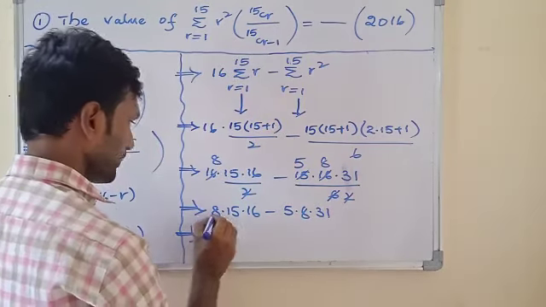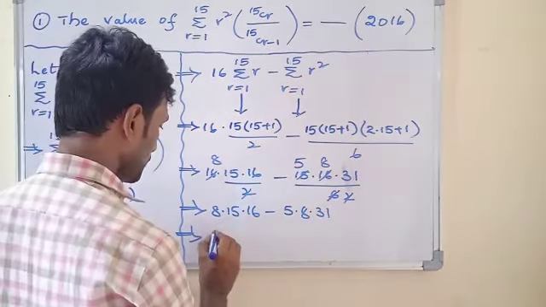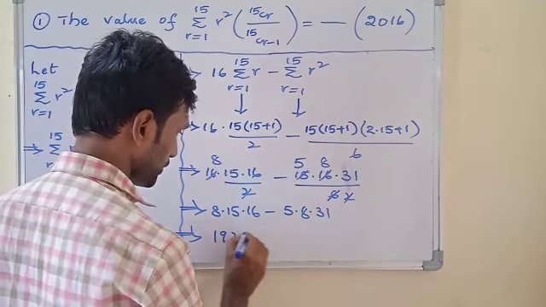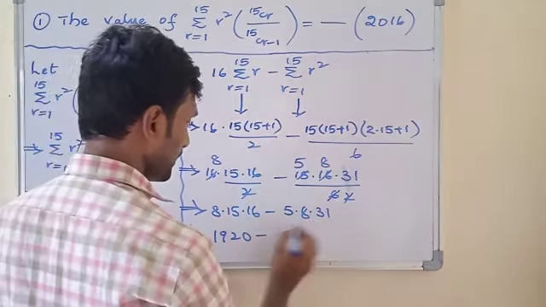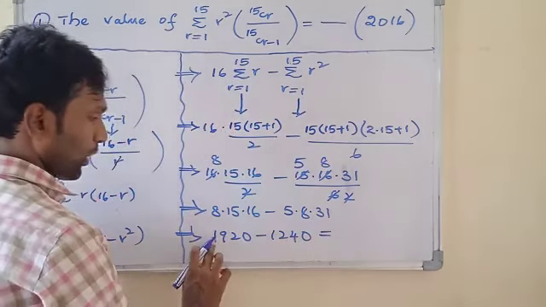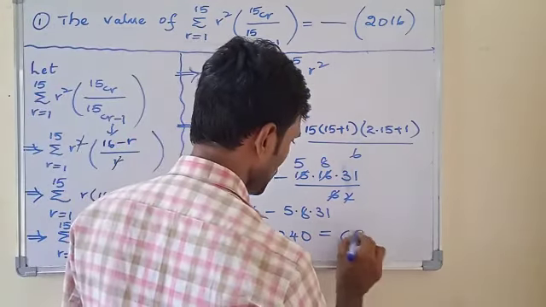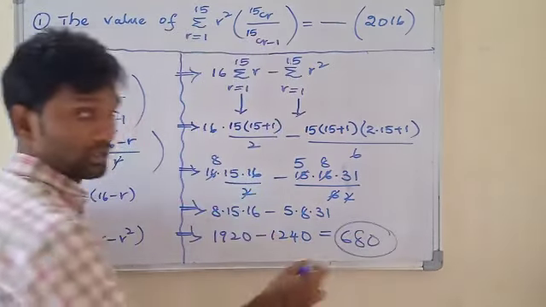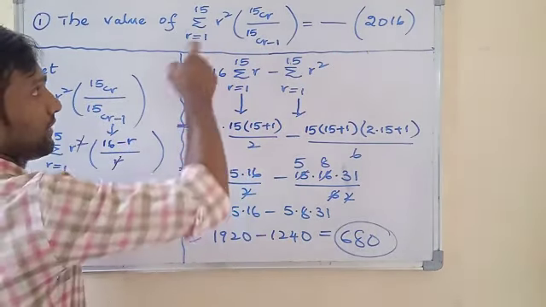That implies 8 15s 120, 120 into 16 is 1920, minus 5 8s 40, 40 into 31 is 1240. That equals 1920 minus 1240, which means 680. So this is the final value of the given summation.